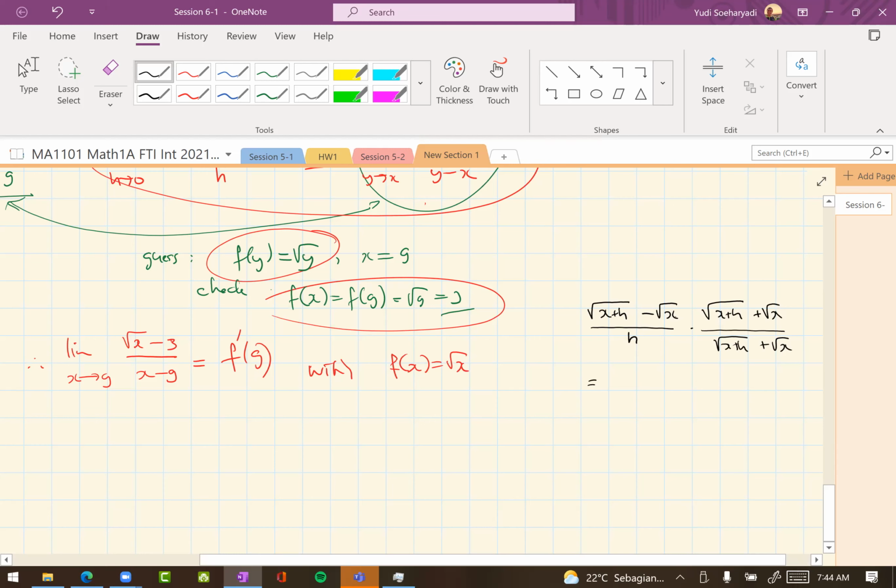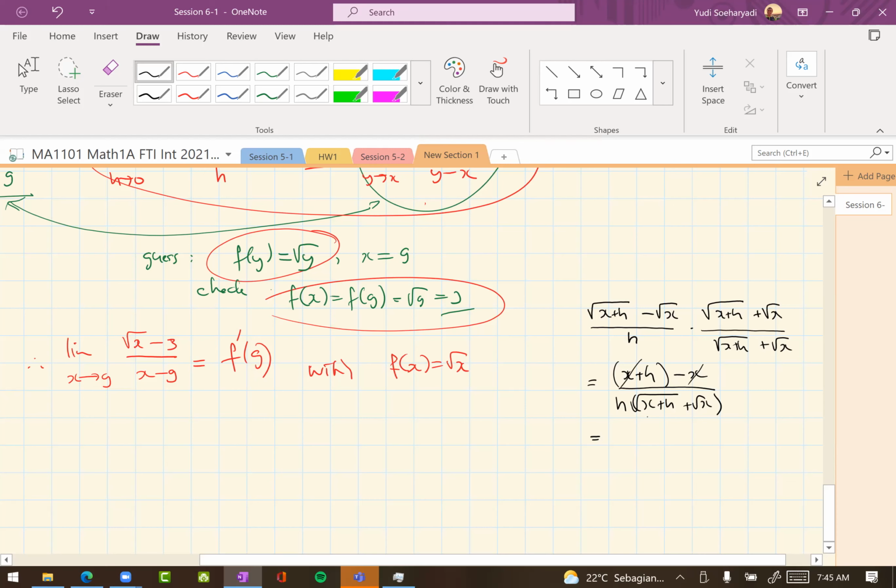And this is the (a minus b) times (a plus b) thing, so you get the square of the first one minus the square of the second one. And this cancels.